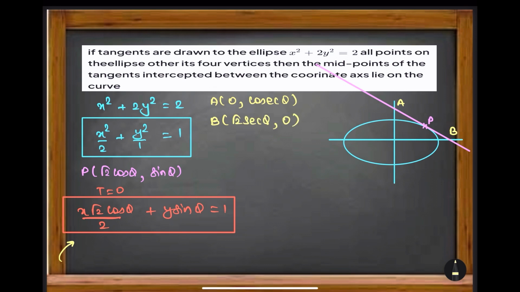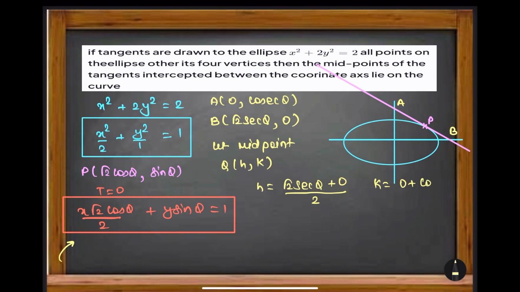Now let the midpoint be Q, h comma k. So can I say that h will be root 2 sec theta plus 0 by 2, k will be 0 plus cosec theta by 2.